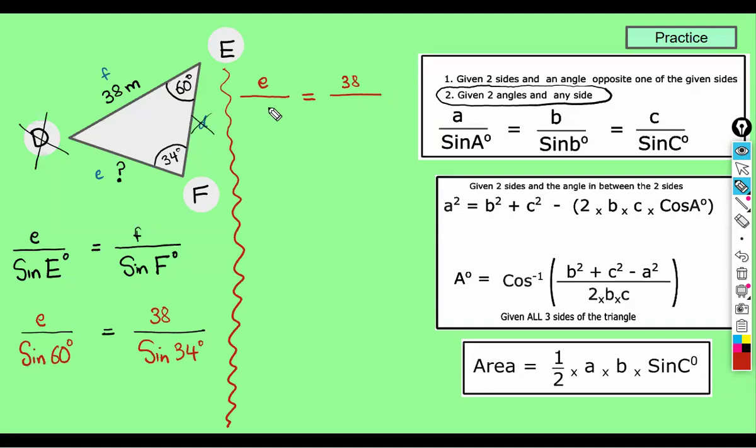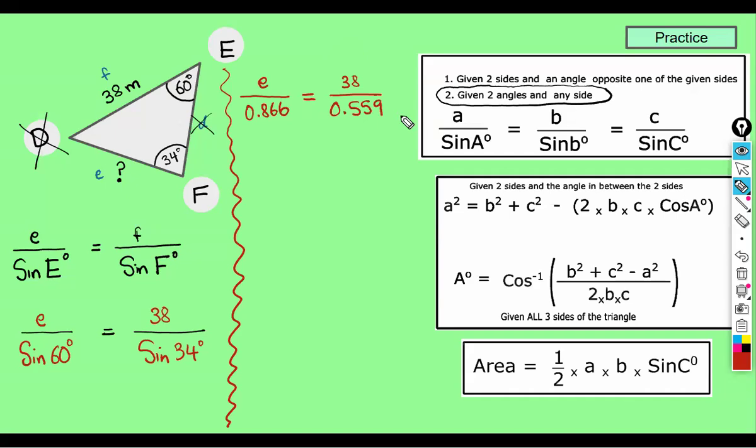Find sine 60 and sine 34, rounded off to 3 decimal places, and then we could cross multiply and solve for common E, which is the aim of the question. Sine 60, I'm seeing 0.866 on my calculator. And sine 34, I'm seeing 0.559.